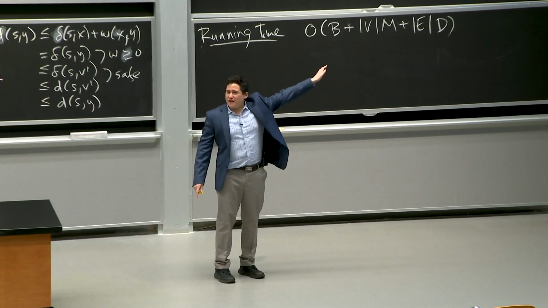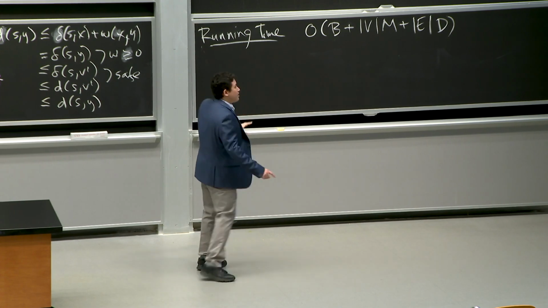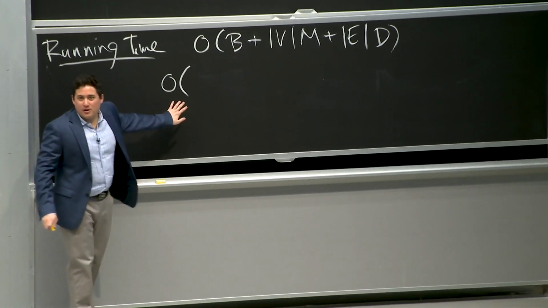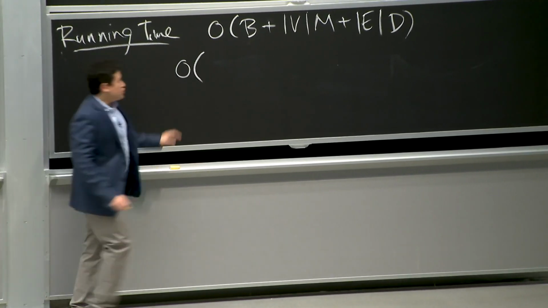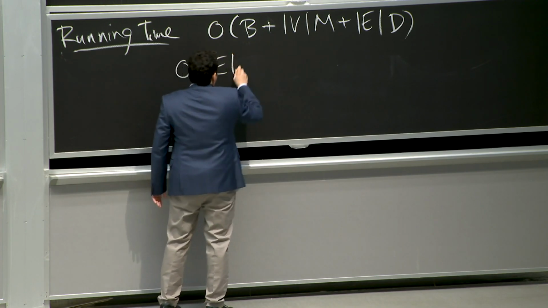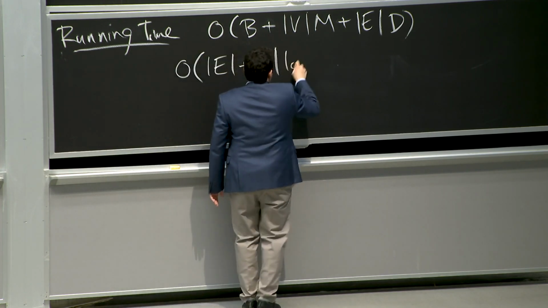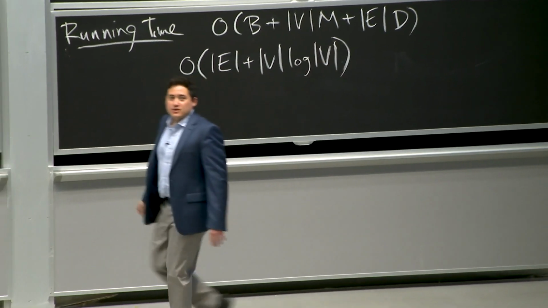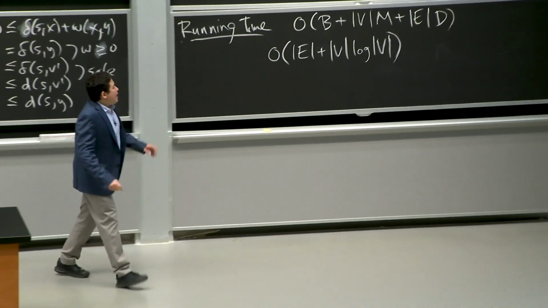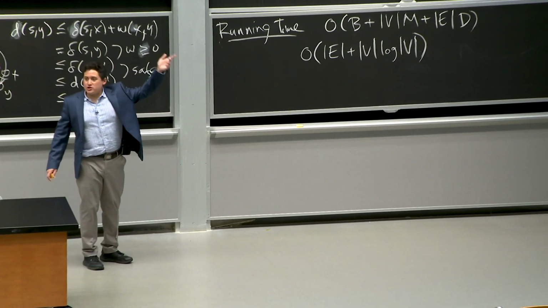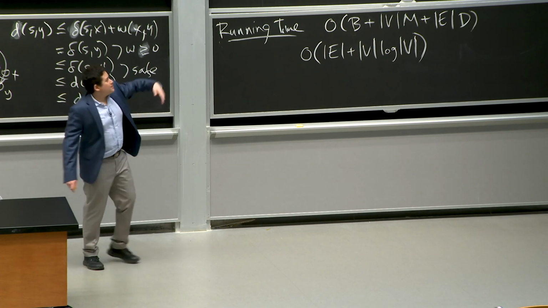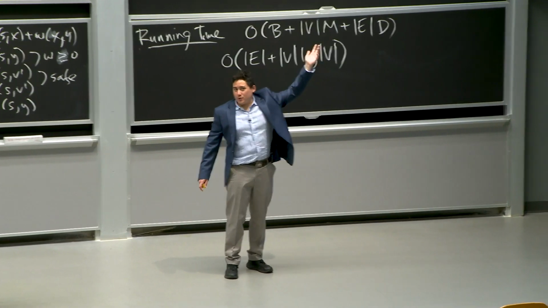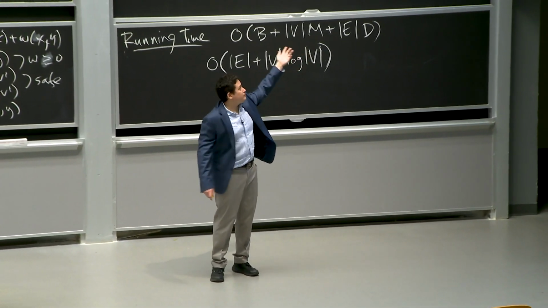But these are almost never used, though they get good theoretical bounds. So what you want to say is, whenever we give you a theory problem where you might want to use Dijkstra, you want to use this theoretical running time bound for your problem, E plus V log V. But if you happen to know that your graph is sparse or dense, just using an array or a heap is going to get you just as good of a running time, very close to linear, right?